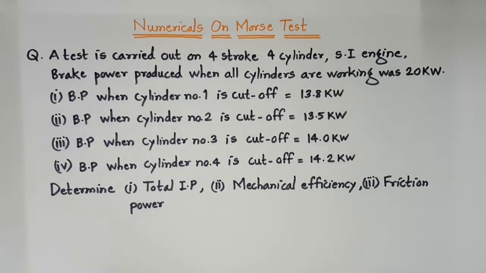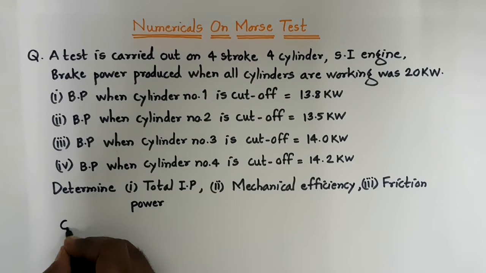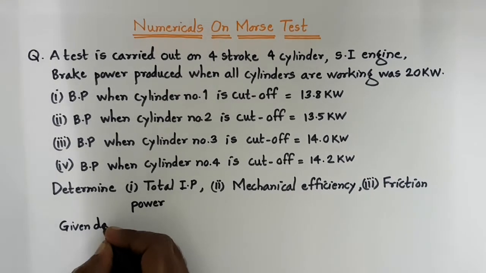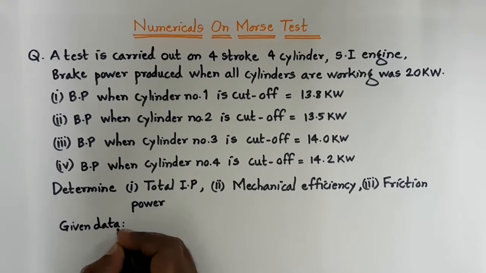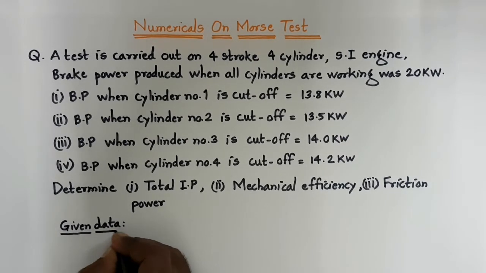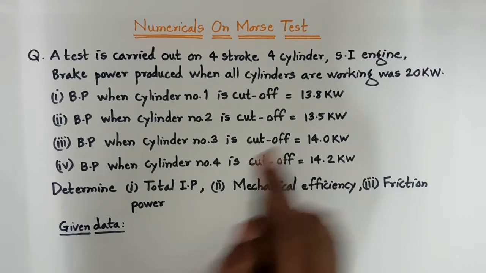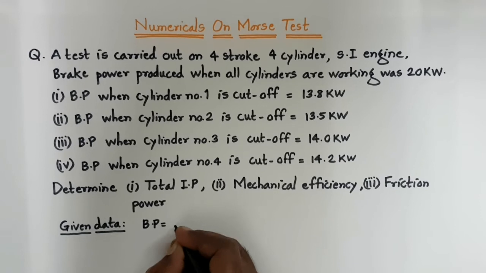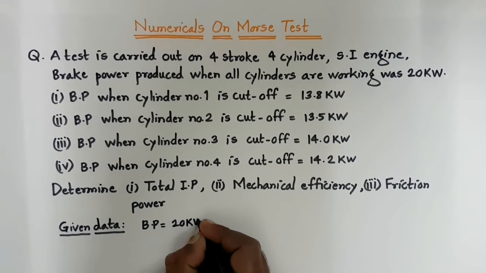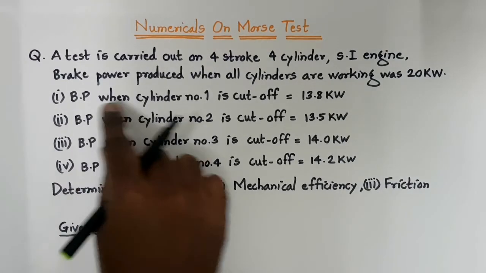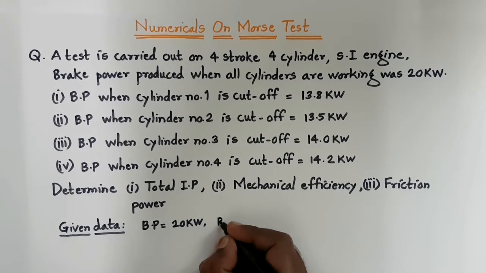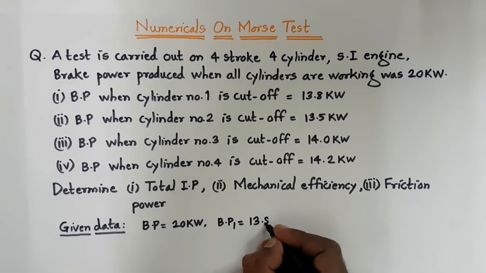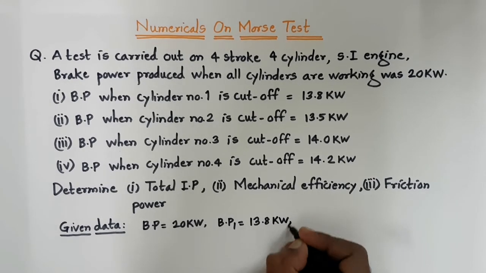So we will list the given data. In the given data, the total brake power when all cylinders are working is 20 kilowatt. Then brake power when cylinder number 1 is cut off, that is BP1, is equal to 13.8 kilowatt.